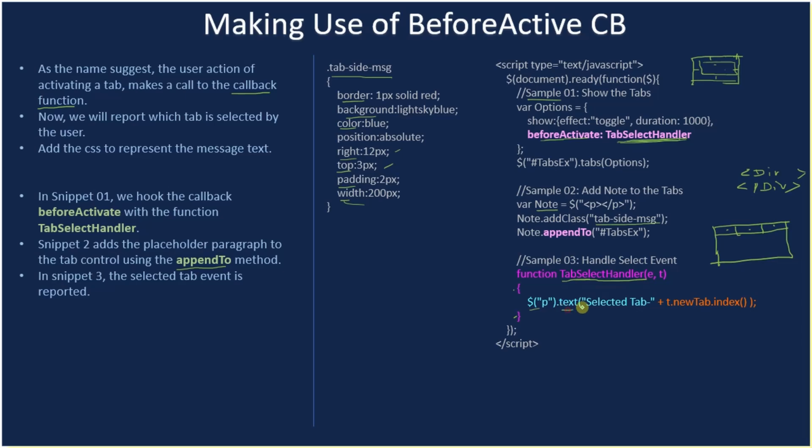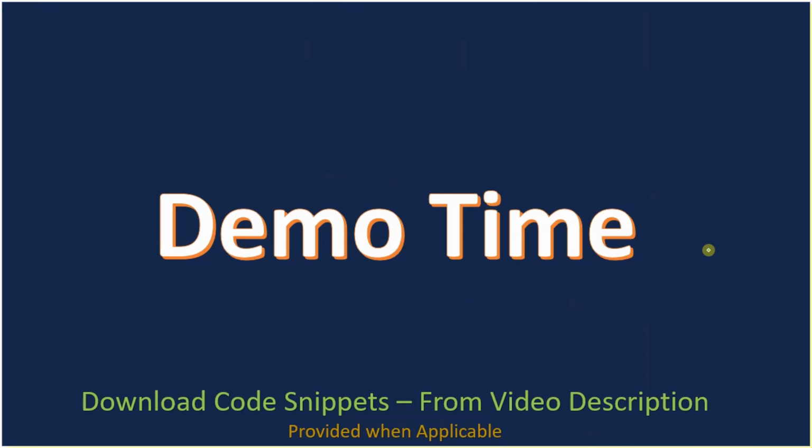And then we are assigning the text, and in the text we are stating that selected tab, then t dot new tab dot index. So we are just telling which index is selected by the user. All right. If we know the selected index, then we can perform other jQuery related operations on the selected tab index. All right. Now let's go to the demo.